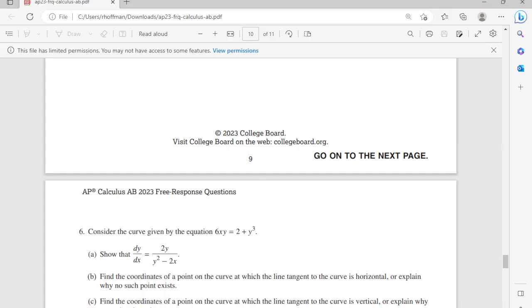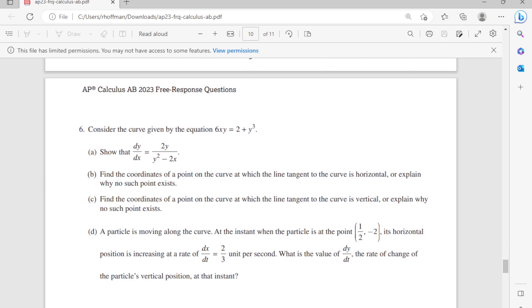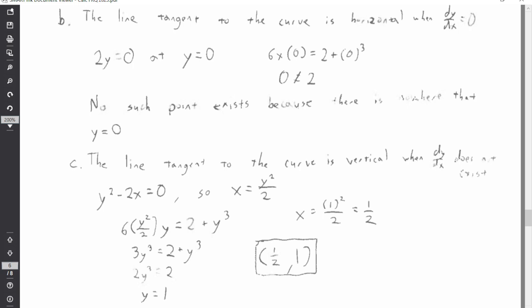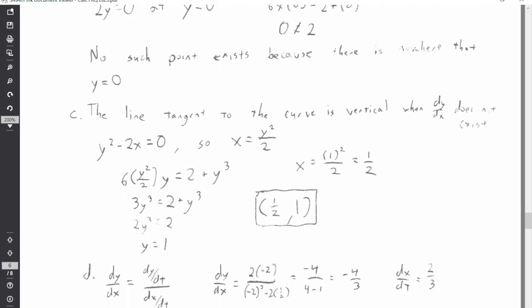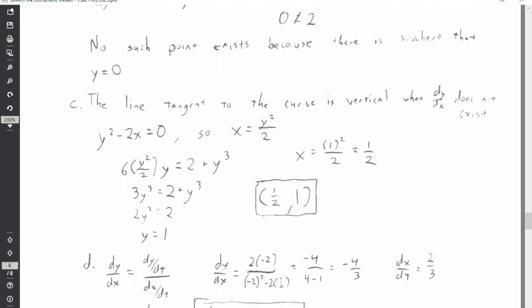Finally, in part D, here's a particle. The horizontal position is increasing at this rate. What is the value of dy dt? Okay, here's the easiest way to do it. dy dx equals dy dt over dx dt. This is actually another form of how you could write the chain rule.